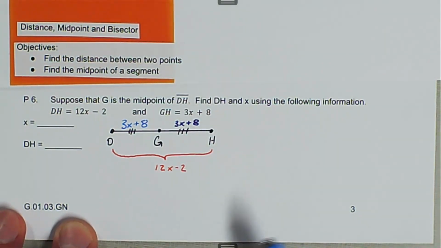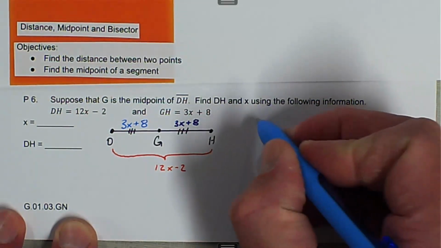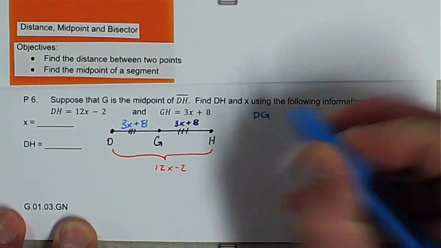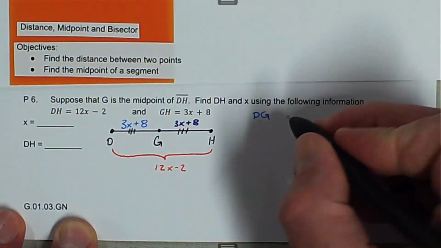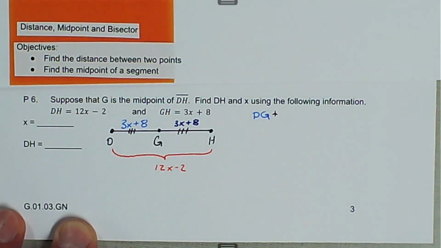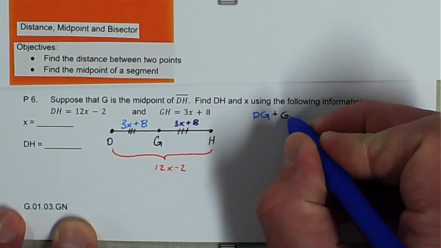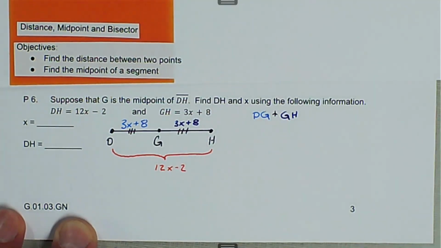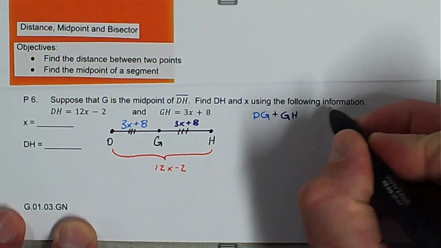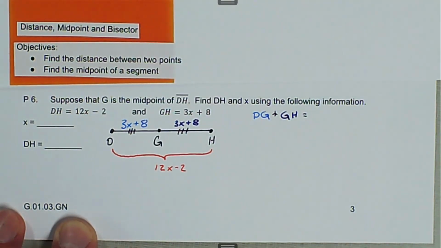So now we can use our segment addition postulate and we can write out a statement. We can say DG plus GH is equal to DH.